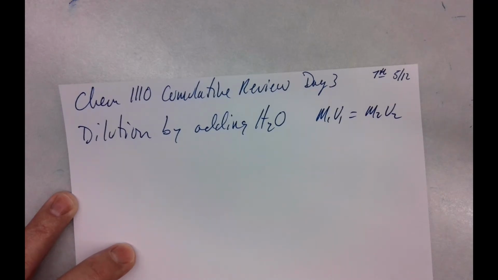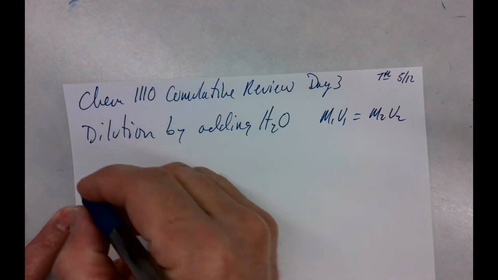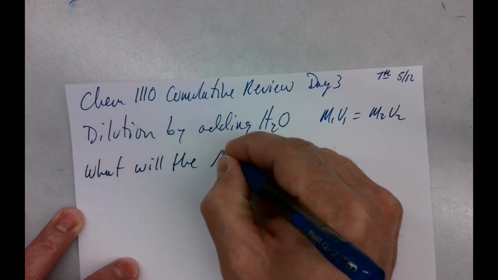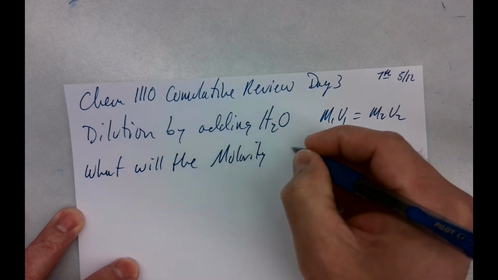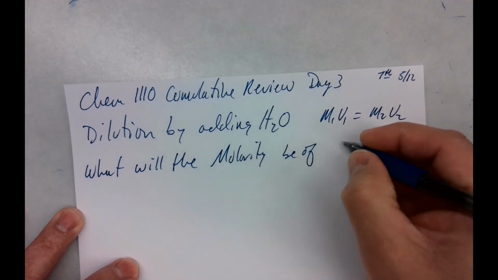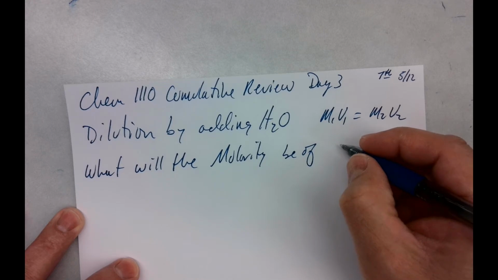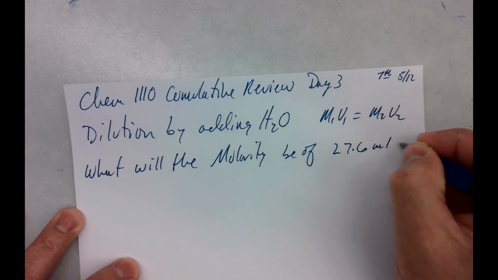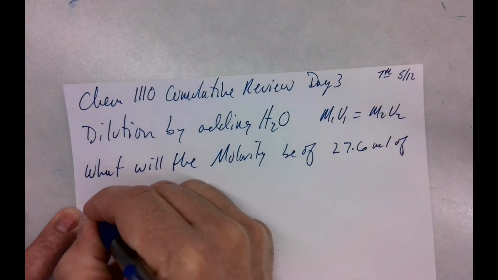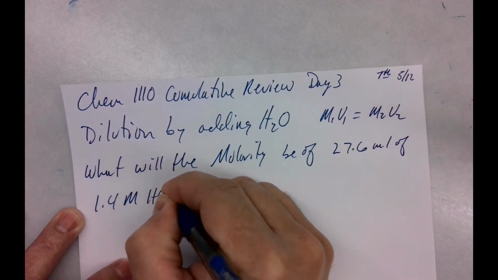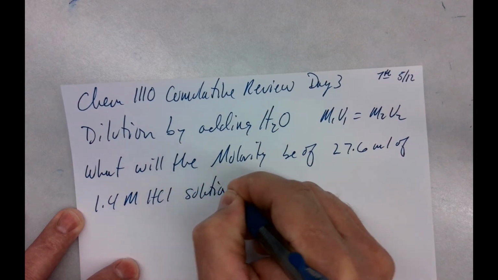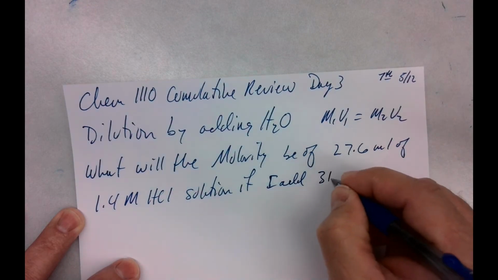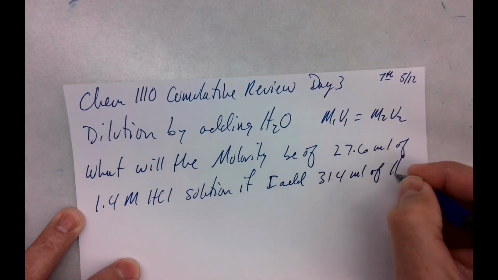So here's the question. It says, what will the molarity be of 27.6 milliliters of 1.4 molar HCl solution if I add 31.4 milliliters of H2O to it?